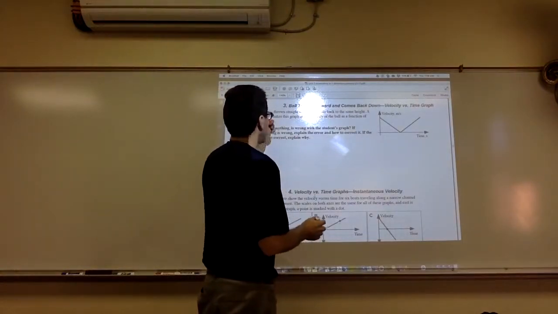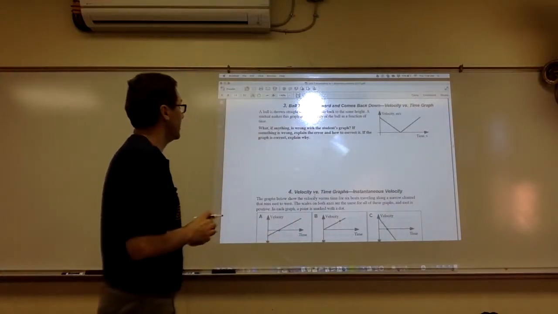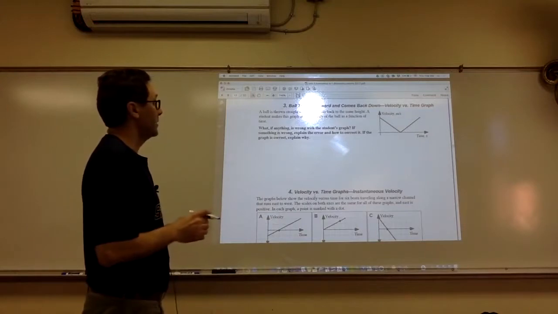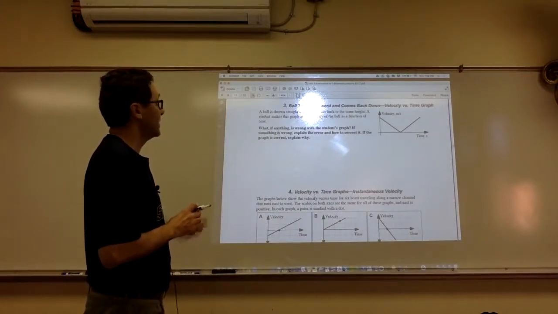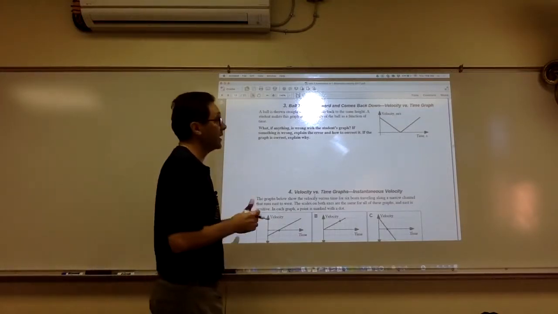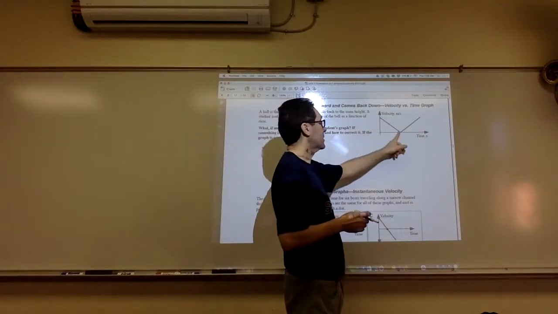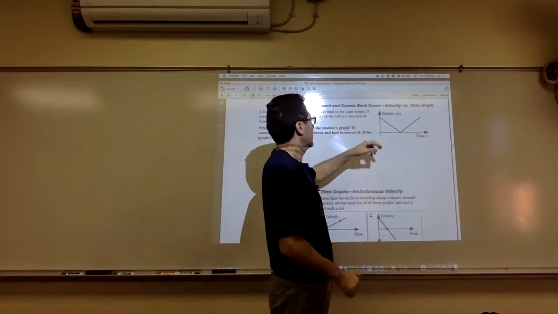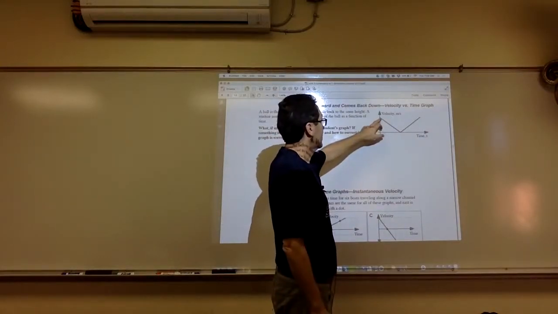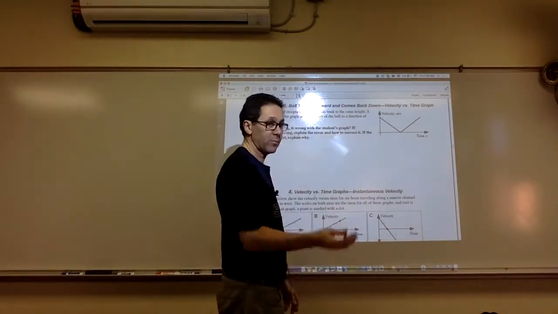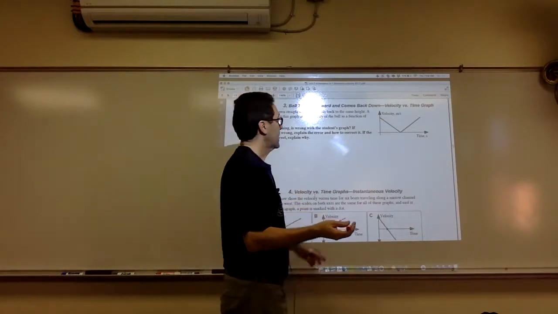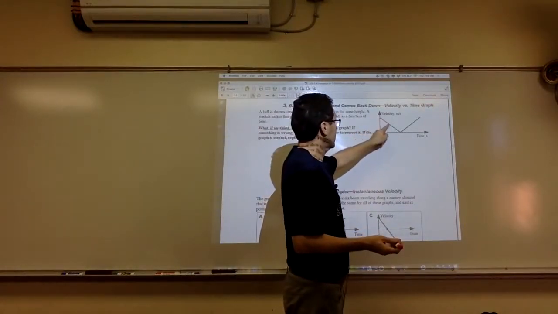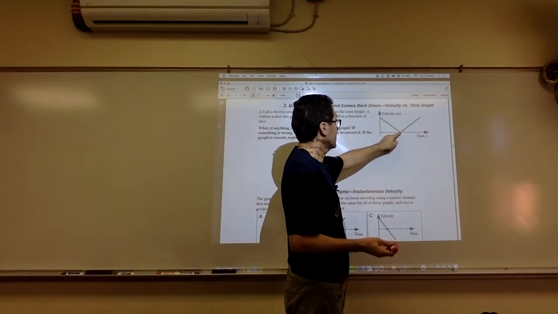Okay. Number 3 is a ball thrown up in the air that falls back. Okay, so they're giving us a velocity time graph. Now, if you think about this, basically what this means is that the object starts with a speed. So when you throw it up, it slows down to 0.